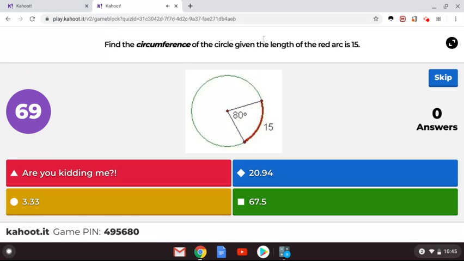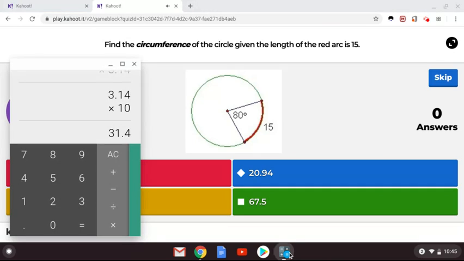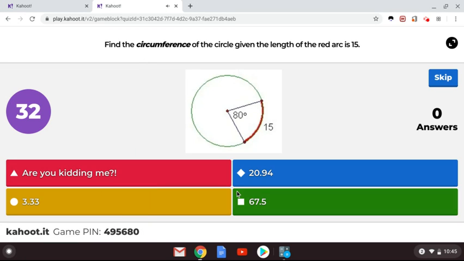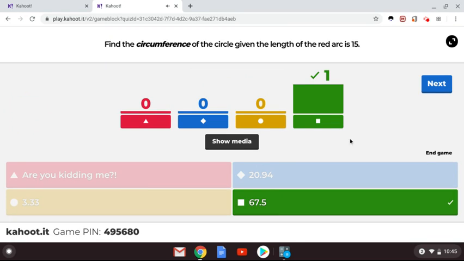So the arc length is 15, so it'd be 15 times 360, divided by the measurement of the angle of the arc here, which is 80. So divide that by 80, and that is equal to 2 pi r. So 67.5, which is my square. And there you go. That was a little tricky one.